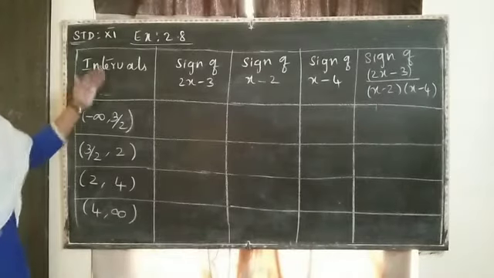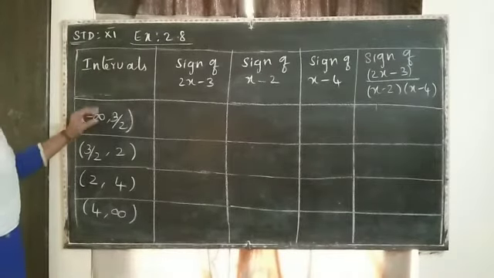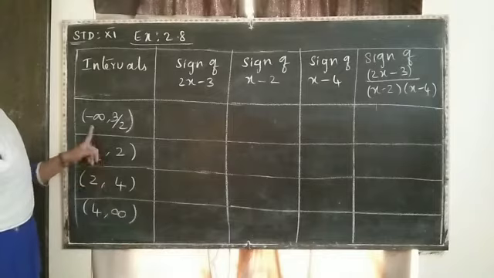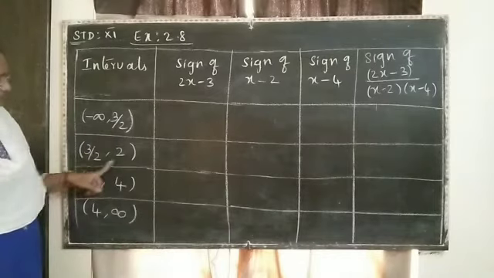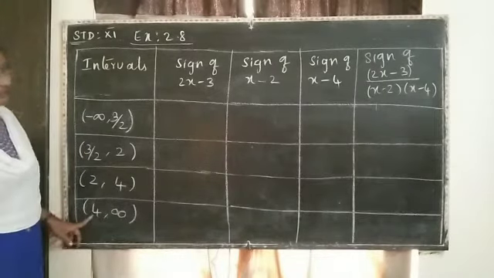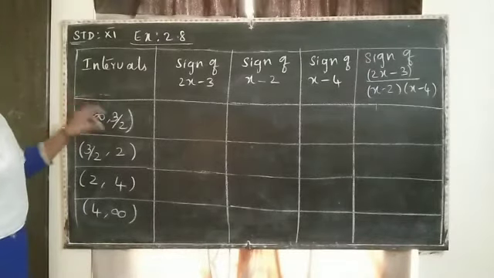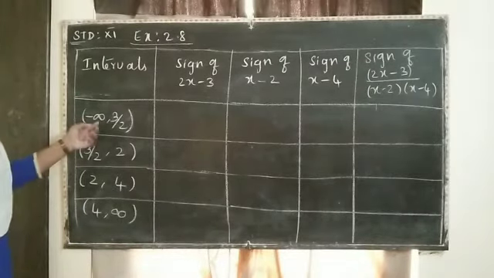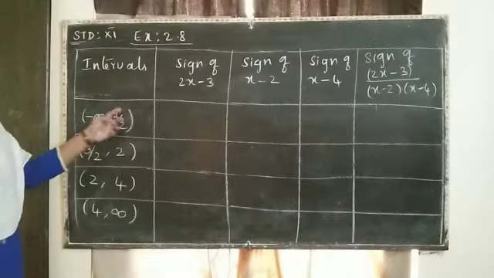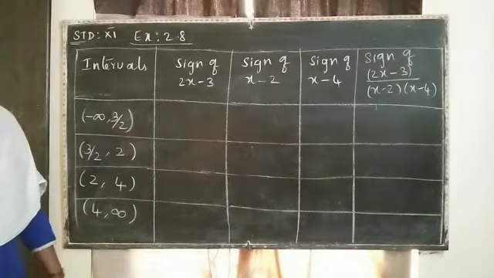Now look into this. We have drawn the tabular column. Now we have segregated the intervals: minus infinity comma 3 by 2, 3 by 2 comma 2, 2 comma 4 and 4 comma infinity. Now what are we going to do? We are going to choose one representative from each interval. Now minus infinity comma 3 by 2. 3 divided by 2 is 1.5, isn't it?